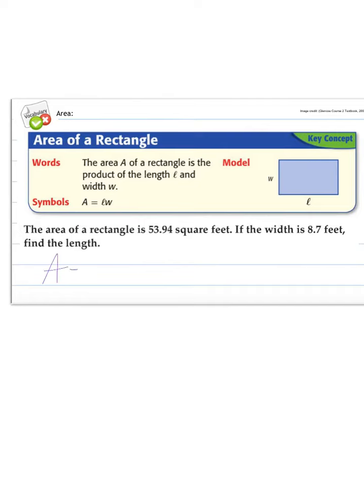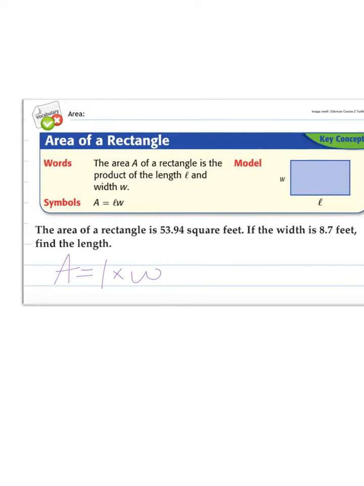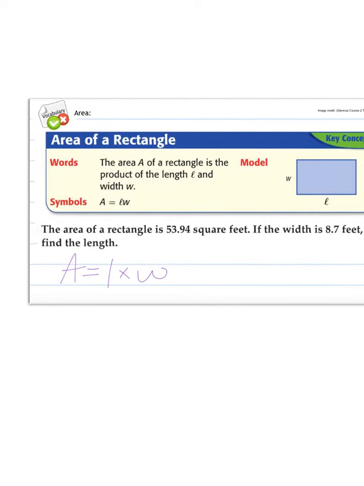Area, again, is length times width. They are giving us the area, and we are looking for the length. So we plug in 53.94 for our area, the length is our variable, and the width is 8.7.